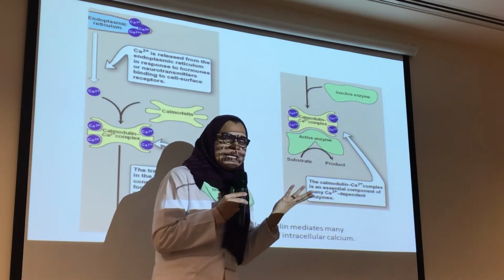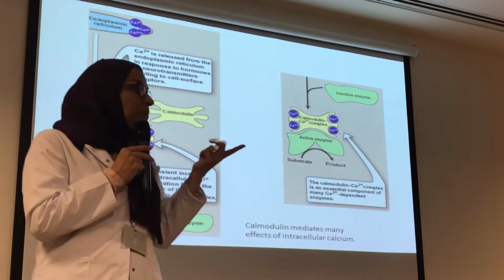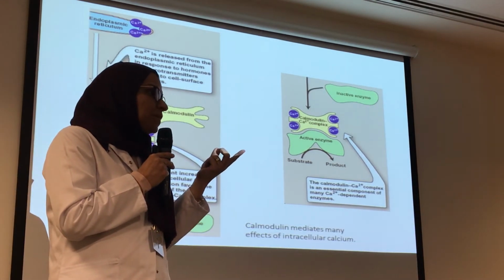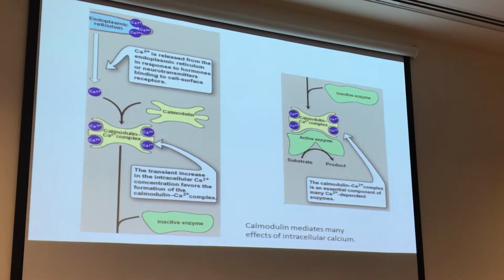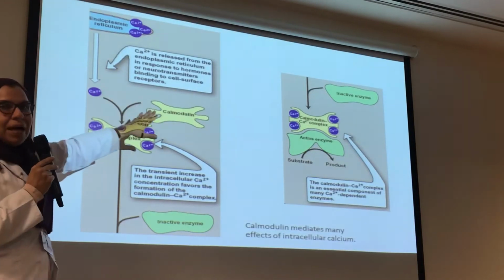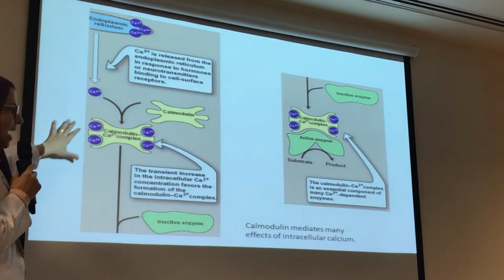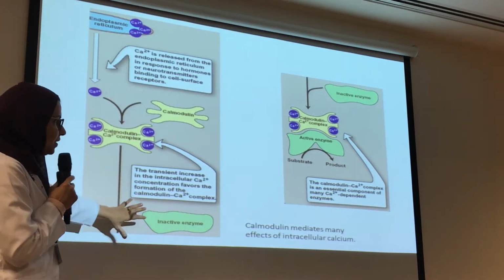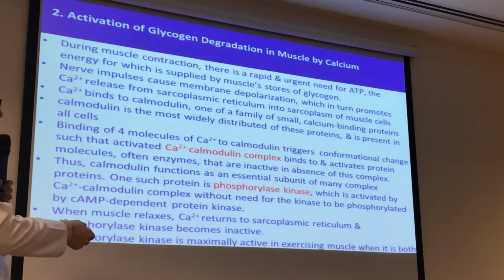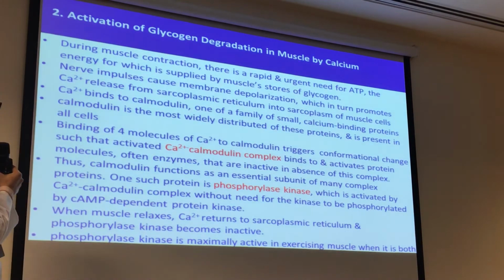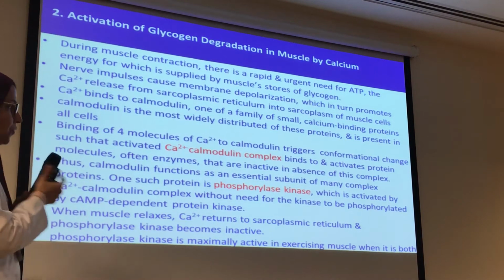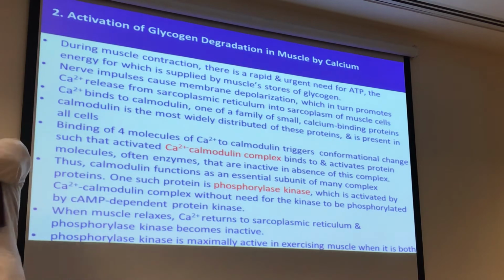What is this phosphorylase kinase? It is the enzyme that will activate the phosphorylase, as we will see in a minute. But for now, just remember that calcium, by binding to its binding protein calmodulin and forming this active complex, is going to activate the phosphorylase kinase, which needs to be active in order to phosphorylate the phosphorylase.